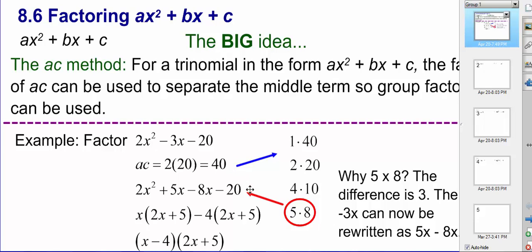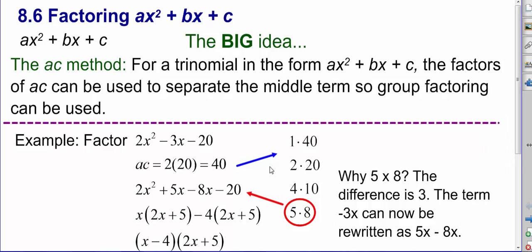So we're going to have to go through the products of 40 to figure out where that's going to happen. Oh, look at that. It happens at 5 and 8. So we take our equation, take that -3, and break it up. Now we can deal with this using factoring by grouping, and then all of a sudden, it'll work.